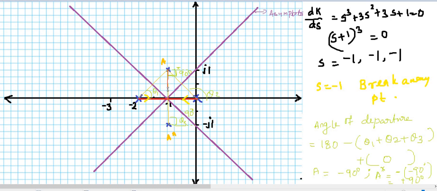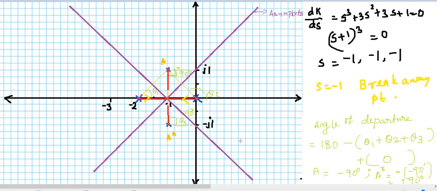Again there is another complex pole that goes through the angle of departure minus 90 degree.